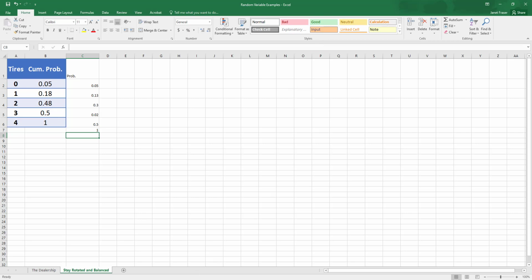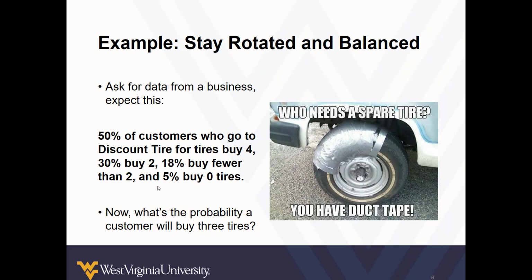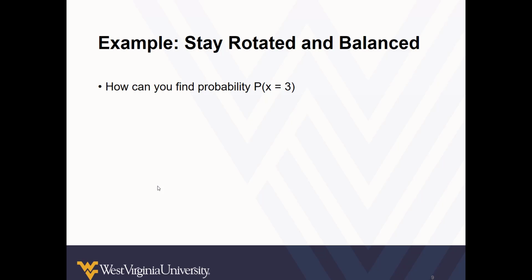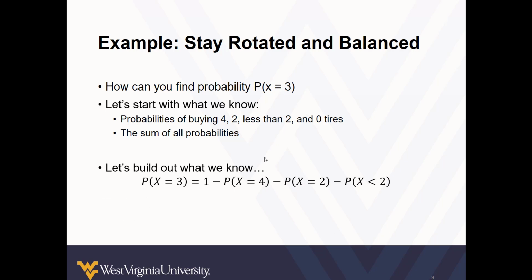So how can we find the probability that someone will buy 3 tires? We start with what we know. We have the probabilities of buying 4, 2, less than 2, and 0 tires, and we have the cumulative probabilities.